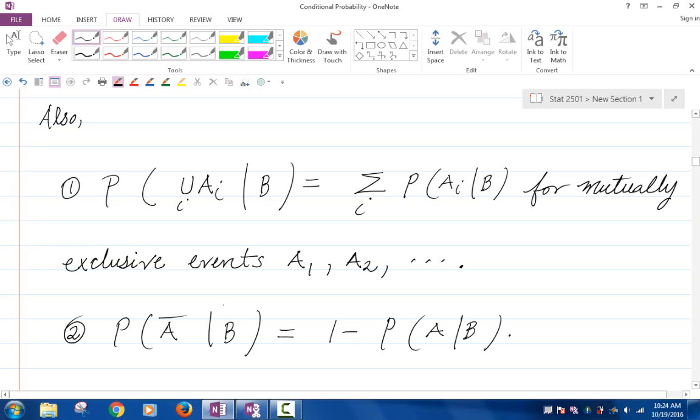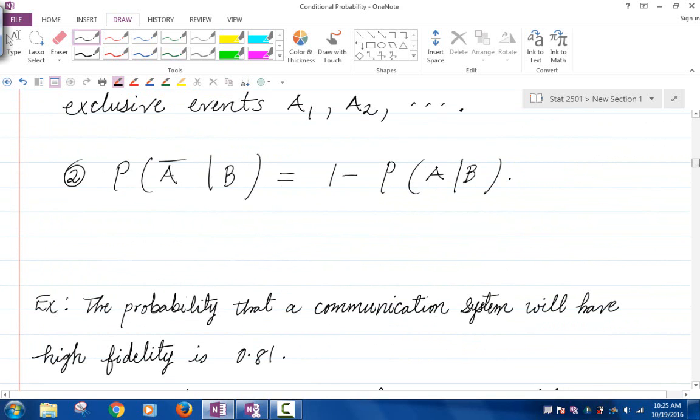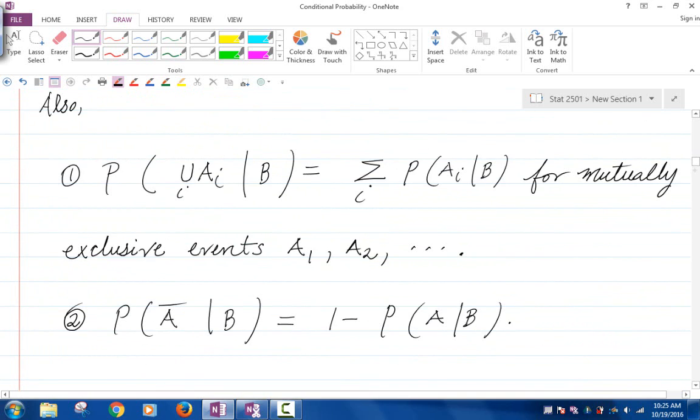So the probability of A complement given B, however, is the same as 1 minus the probability of A given B. Okay, please compare this number 3 and this number 2.